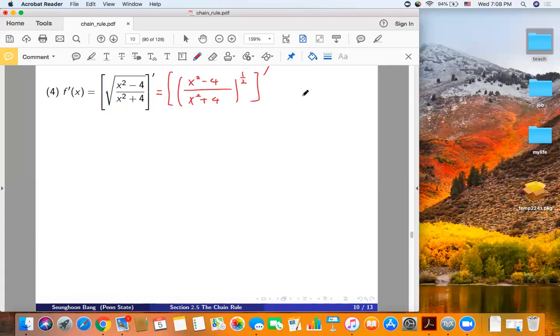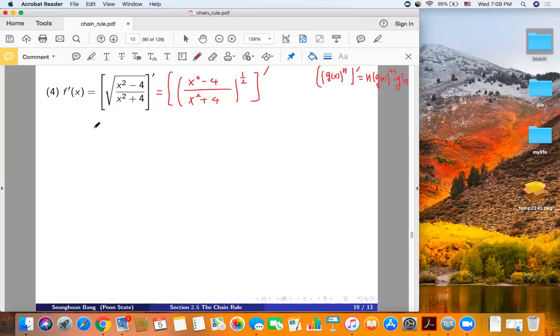How can you solve? The same. You have to use g of x to the power n, prime, is n times g of x to the power n minus 1 times g prime of x.